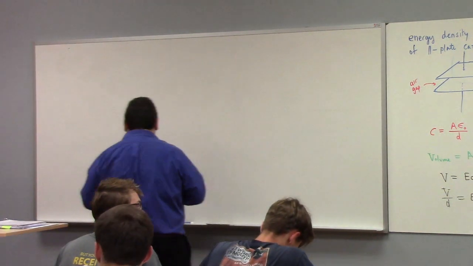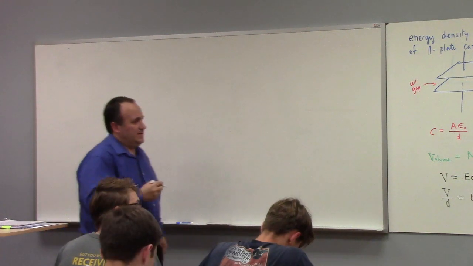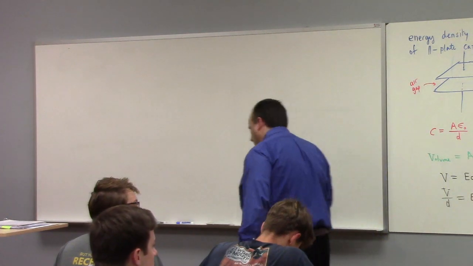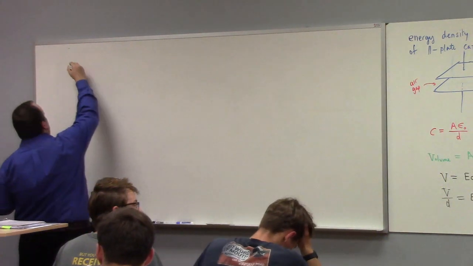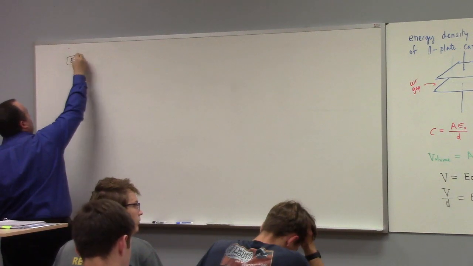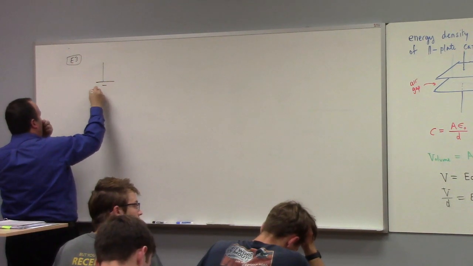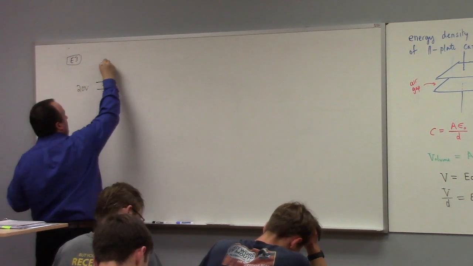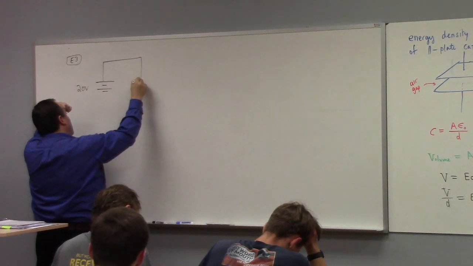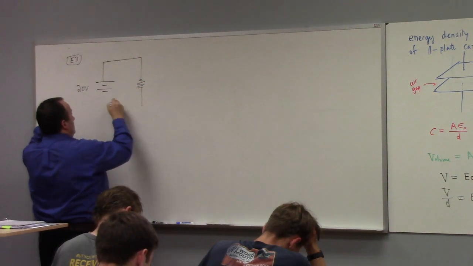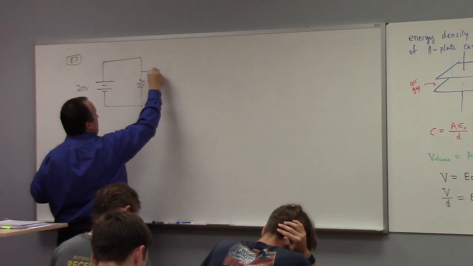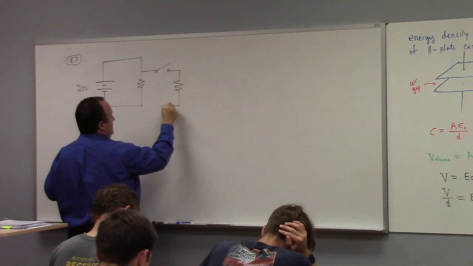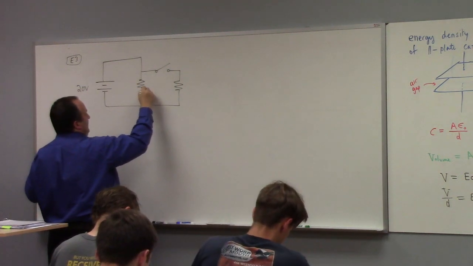So example 3. Suppose you've got a 20 volt battery here, and we've got a resistor, like so. And then we've got a switch over here, and then we've got another resistor. I'll make them both 10K ohm.